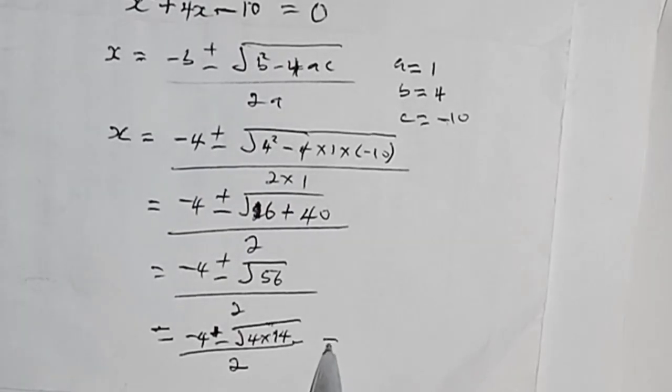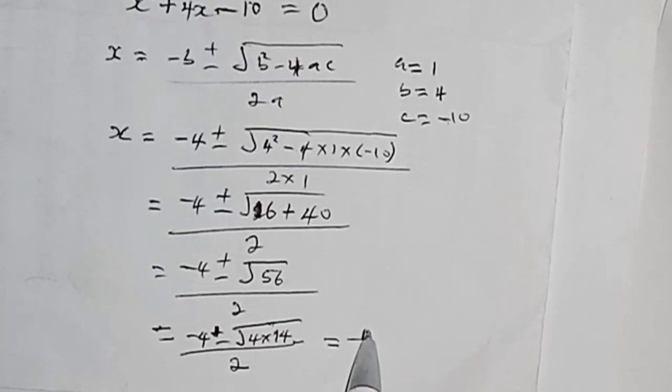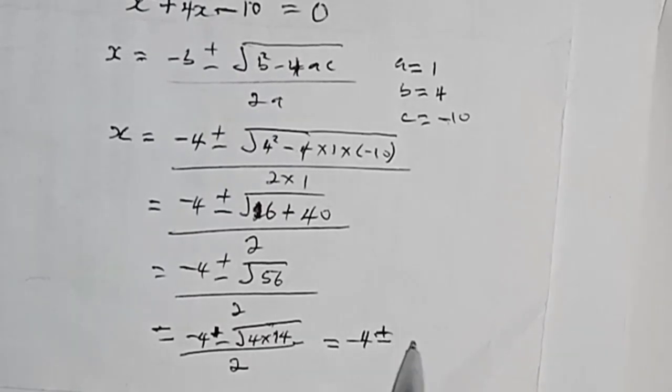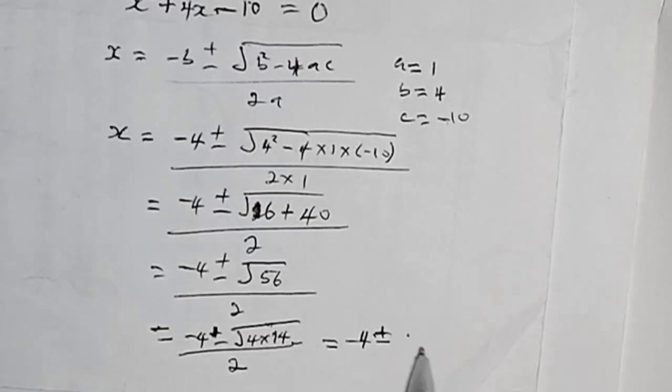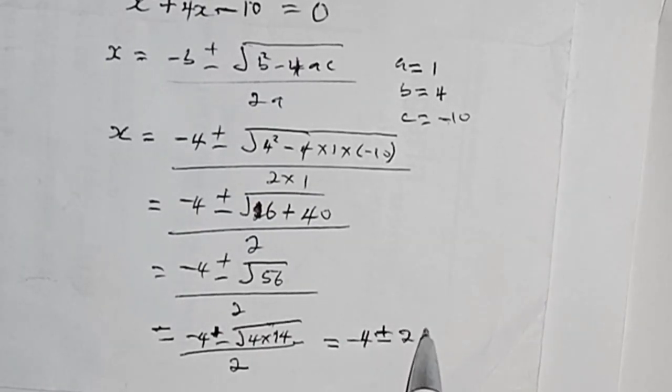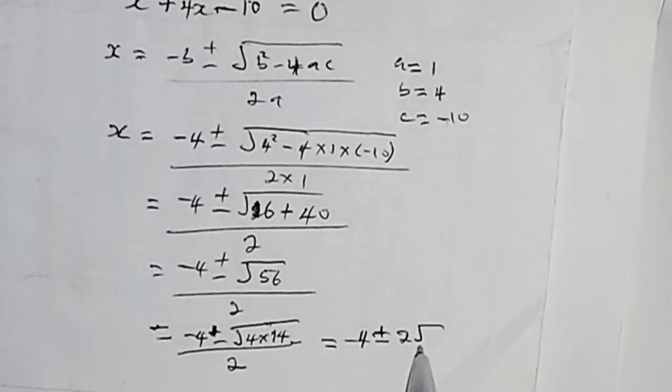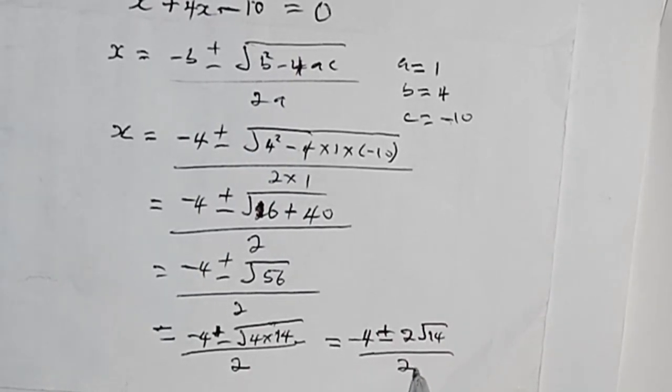Now I see 4 here is a perfect square, so I can take the square root, which will give me 2 root 14, divided by 2.